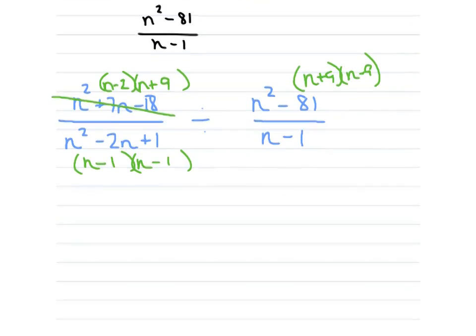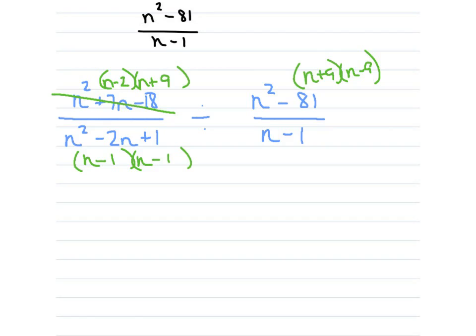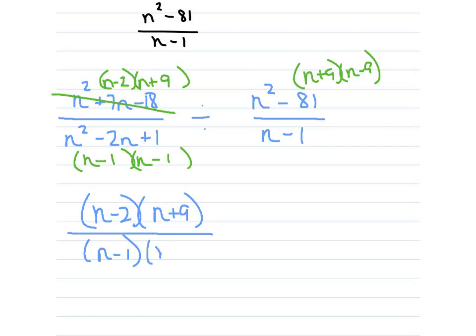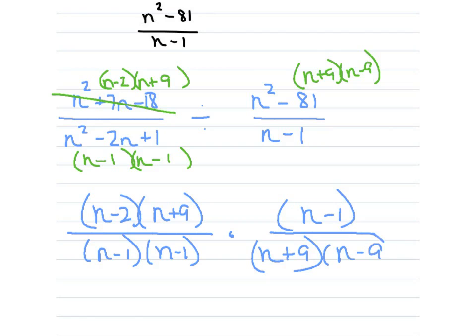So now let's write this as a multiplication problem. So I have n minus 2 times n plus 9 over n minus 1 times n minus 1 times n minus 1 over n plus 9 times n minus 9.